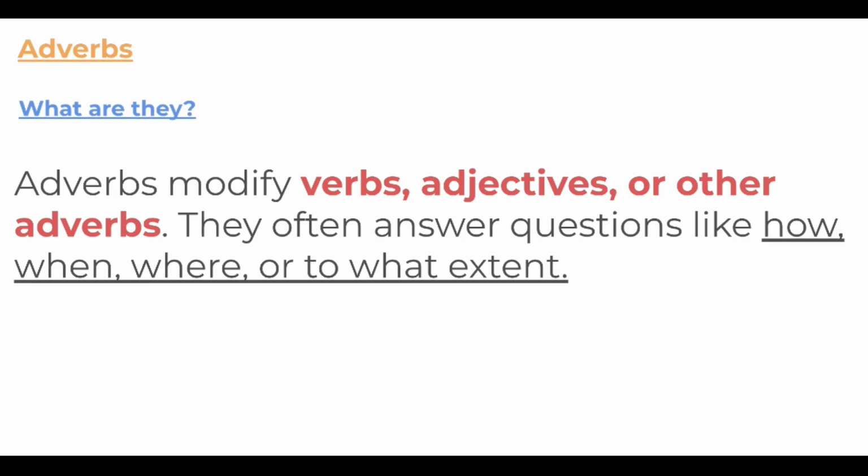Adjectives tend to stick near the noun that they are modifying, and they tend to only modify nouns, whereas adverbs are more fluid, they move around, they can describe and modify different parts of the sentence here. And you'll discover that when you're asking questions like how, when, where, or to what extent, that is when your adverbs come in. That's their purpose in a sentence. They answer these questions.